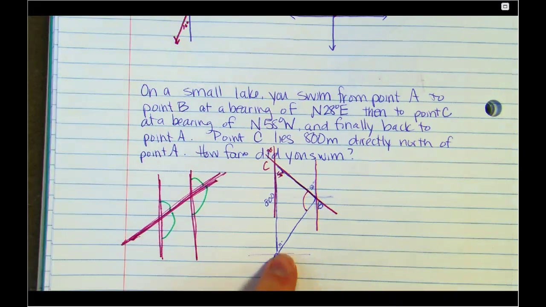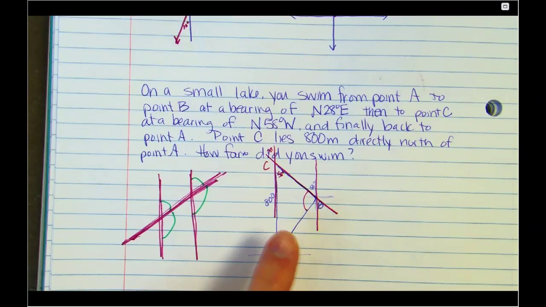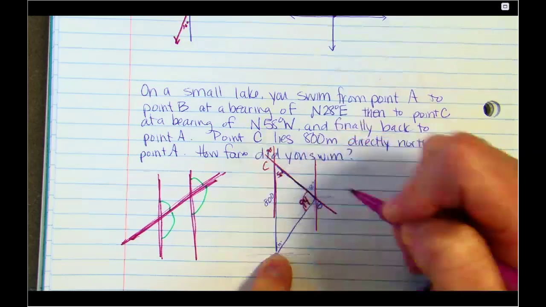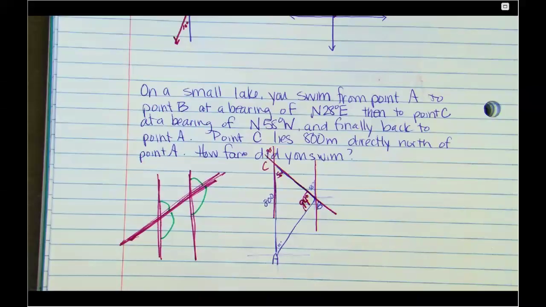So that was 28 in there, 58. So this guy's 94. Go ahead and use the law of sines, please, to figure out how far did you swim.